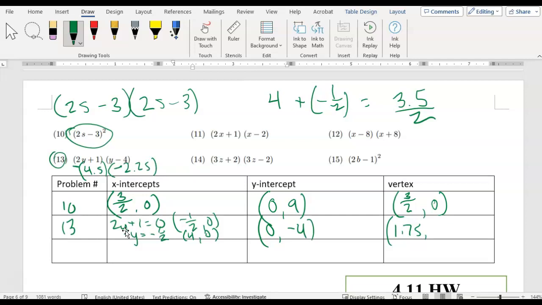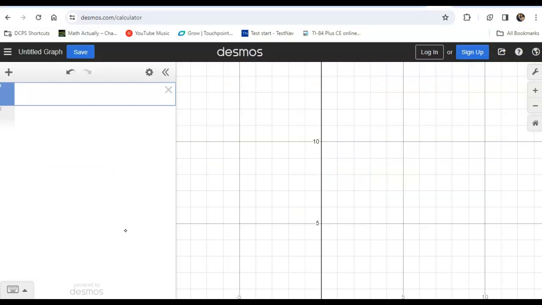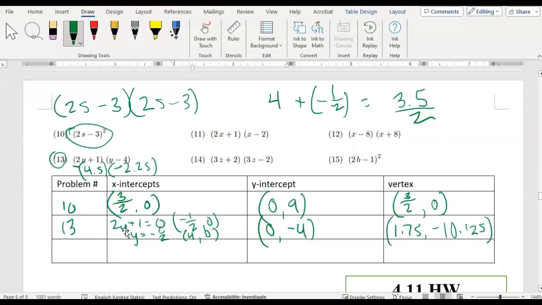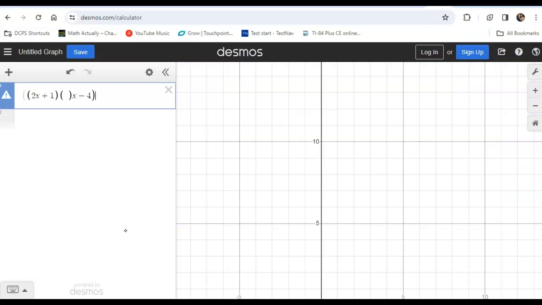And so that times 4.5 gives us negative 10.125. And again, if you want to, you can check that in your calculator or in Desmos to make sure that looks right. 2x plus 1 times x minus 4.